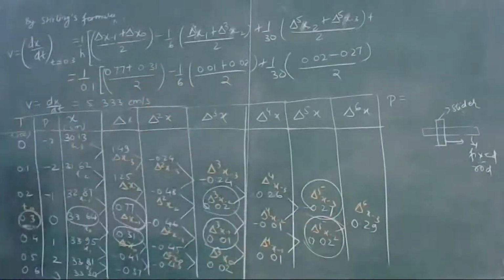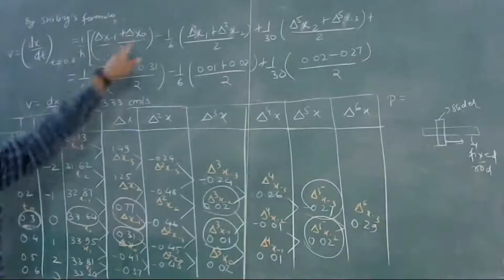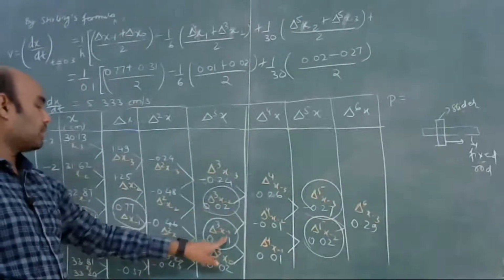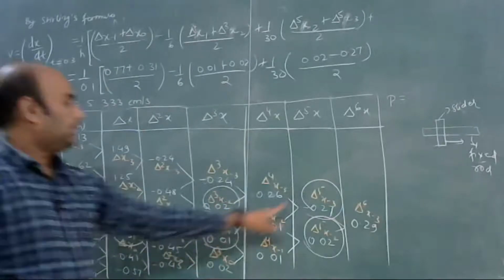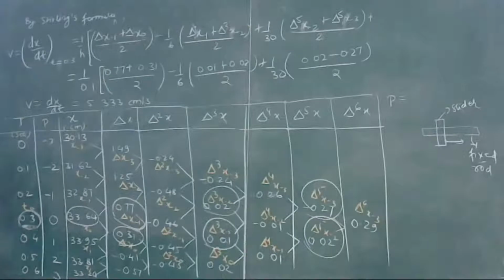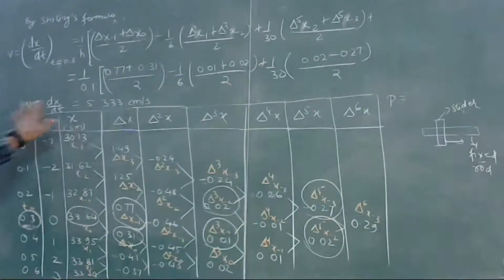So these are the values: del x minus 1, del x naught, del cube x minus 1, del cube x minus 2, and the fifth differences. So we have substituted these values and velocity is equal to 5.33. Distance is given in centimeters, so this will be centimeter per second.